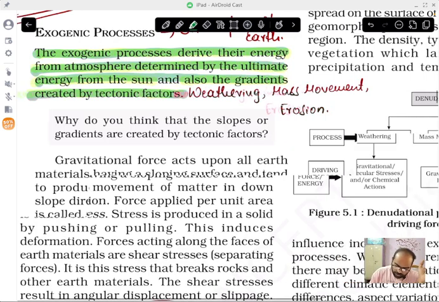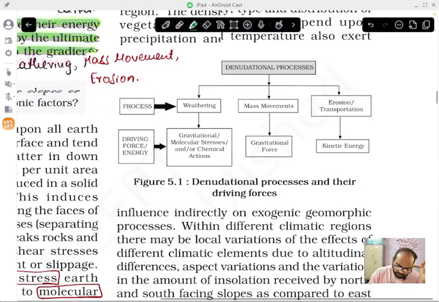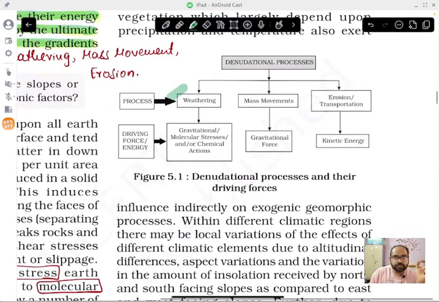For example, for weathering, the driving force or energy required is gravitational stress, molecular or chemical action. Molecular stress or chemical action are one and the same. Even in chemical action there will be loosening of bonds between the molecules, and thereby the chemical composition of the material changes in weathering. Weathering can also happen due to gravitational stress.